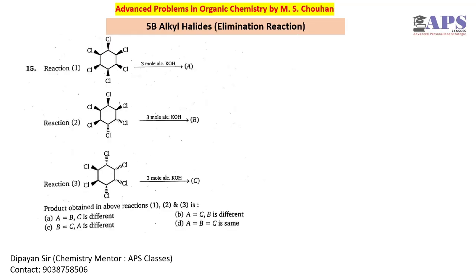Next question, again we have three molecules and alcoholic KOH, so E2 elimination is possible here. Again we have to solve this elaborately. In the initial molecule we have 6 chlorine atoms present on the same side. I am just showing you the position of chlorine.